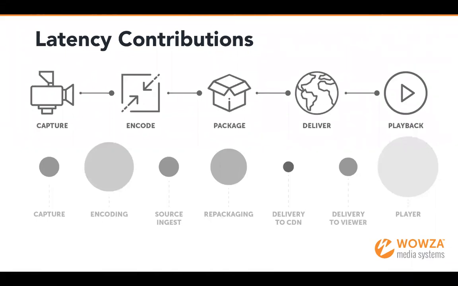The capture and encode phase is highly variable. The latency introduced in the encoding step tends to be primarily based on how much buffering you want to introduce into your workflow.